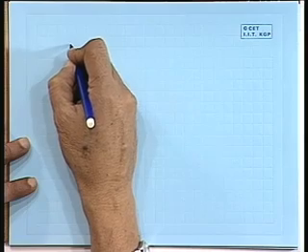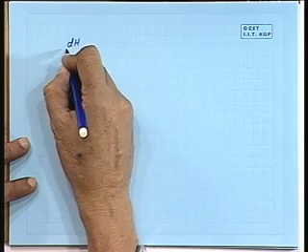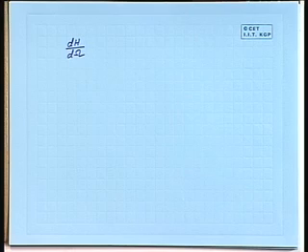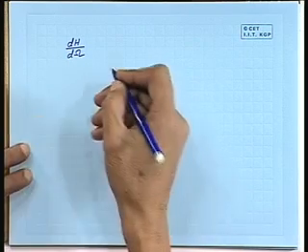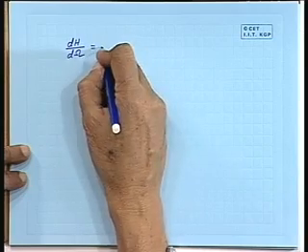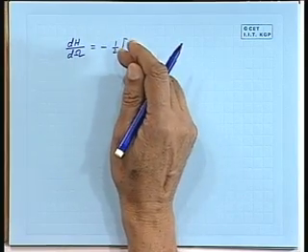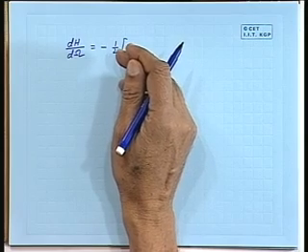So, that means we have to find out at what point dH by d omega is equal to 0. Now, that expression, if you want to find out what dH by d omega is, works out to be like this.